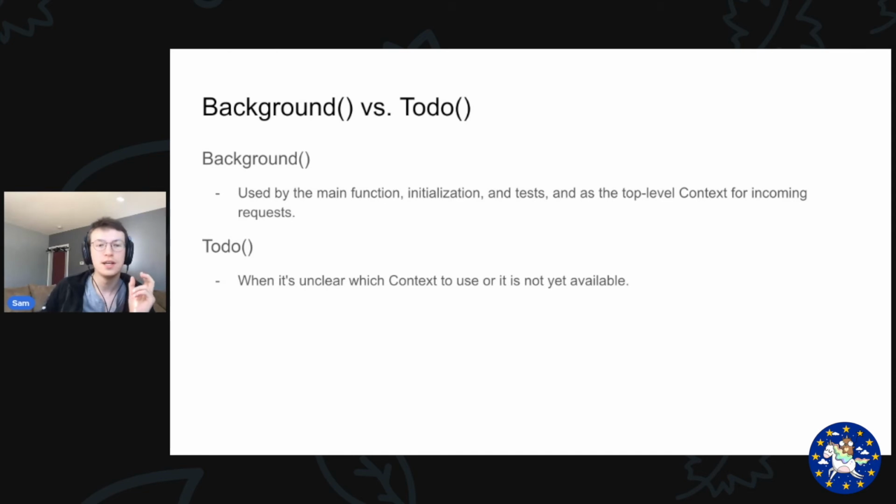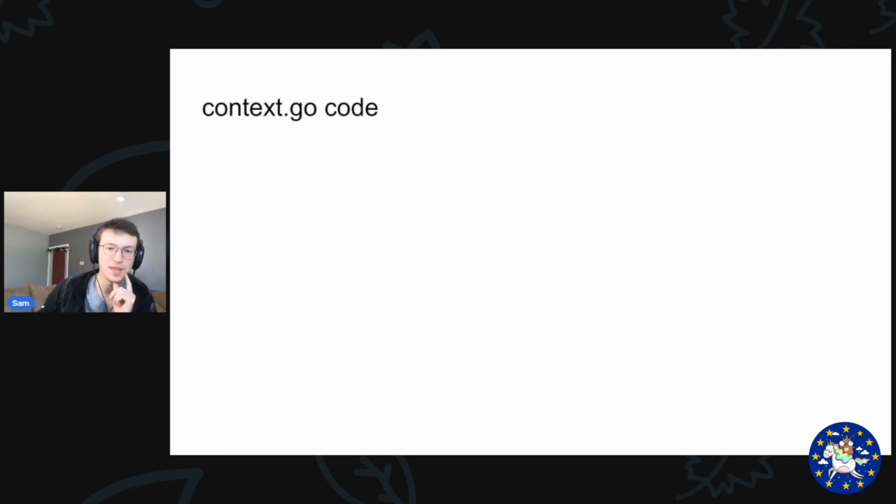So basically, background is used anytime you need a parent, generally, but sometimes you'll instead use to-do if it's unclear, if you have multiple contexts you want to pass in, or if you were supposed to be passed a context but the API needs to be refactored to support context, and it's coming soon. So you put to-do, and it just signals to developers reading your code that this is subject to change. Functionally, they're basically the same though.